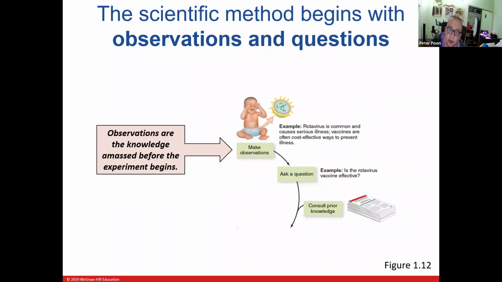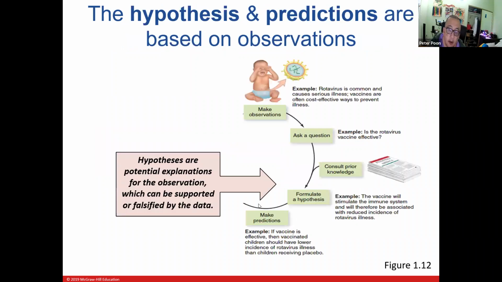You consult prior knowledge. You read the previous literature on vaccines, but ultimately you have to formulate a hypothesis. A hypothesis usually goes in the form of an if-then statement. If the vaccine works, then people with the vaccine should get less ill.